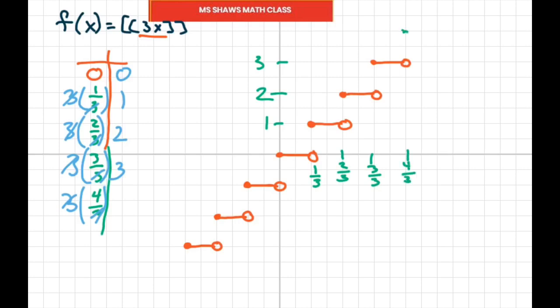That's going to map to 4 here. All right? And then all you do is copy whatever you have here on the left side. So that's -1/3, -2/3, -3/3, which is -1.